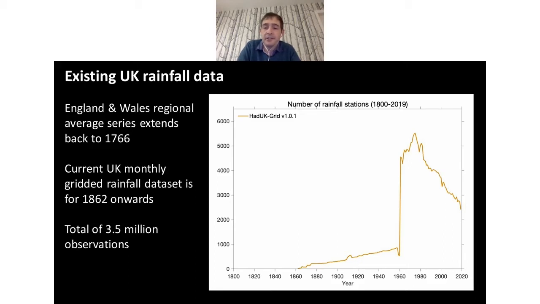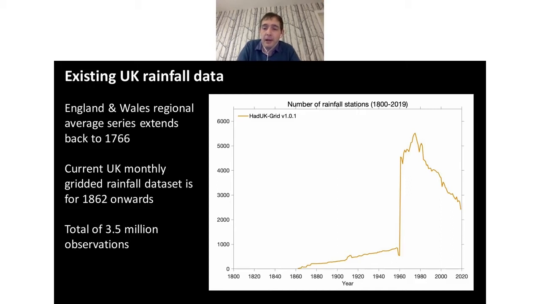In the 1970s or so, there are over 5,000 rainfall stations across the country, which they have data for, which is an amazingly dense network of rain gauges. Since the 1970s, it's dropped off, and we've now got about 2,500 rain gauges across the country. So we certainly don't want it to go down much more than that if we're to maintain our estimates of how we map out the rainfall today.